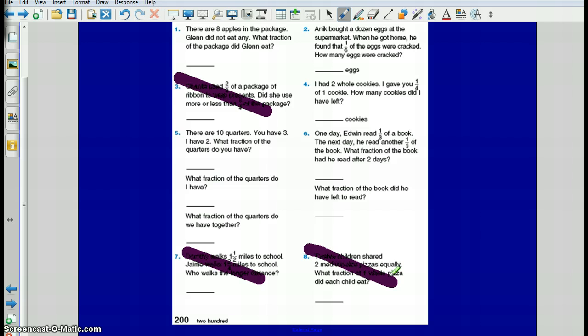I want you to focus on number 1, number 2, number 4. I would really recommend drawing a picture for number 4, thinking back to fractions greater than 1. Number 5 and number 6. Just one little pointer as you work on number 5 and 6: these questions go with number 6, and these questions go with number 5. You will correct them together when you get done.